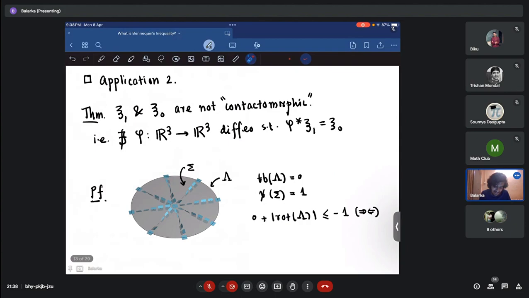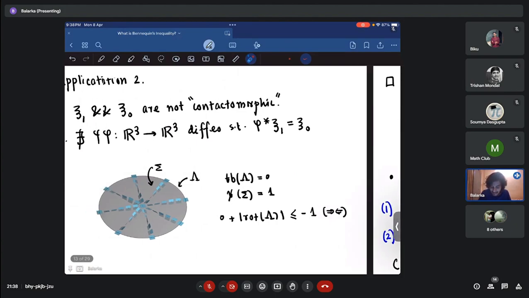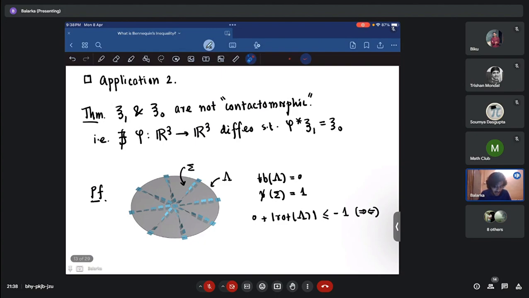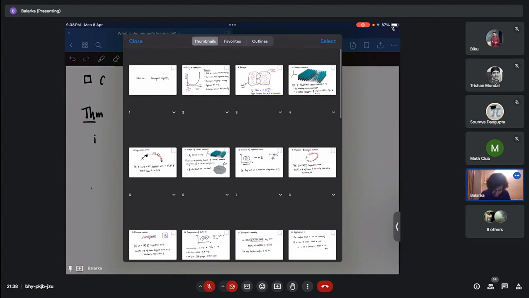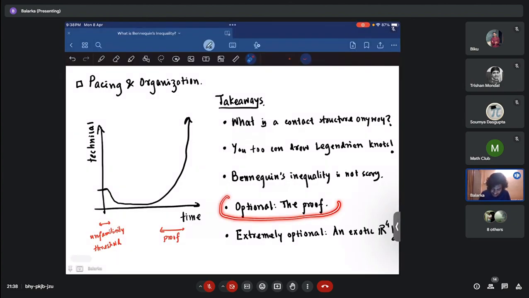Okay, so that's pretty much what I would like to say without going into the next slides, which are proofs and more ambitious applications. Let me go back to this organization slide. So optional, as I've written, is the proof, and extremely optional is a particularly ambitious application, which I definitely won't have time to say. So I don't know how much time I have.